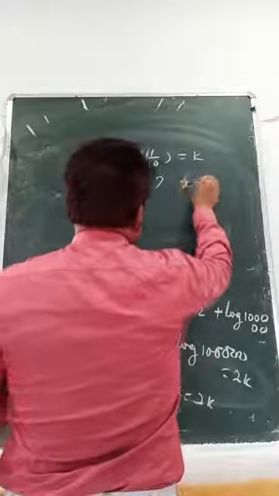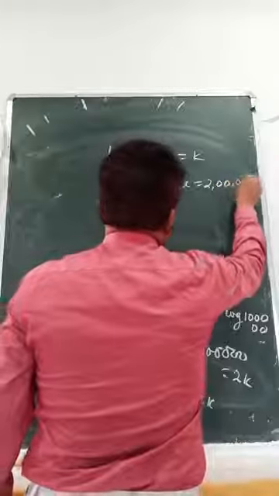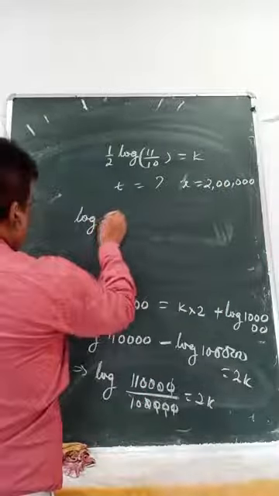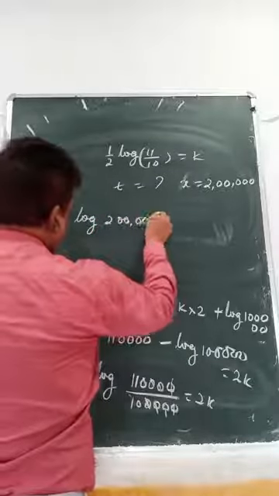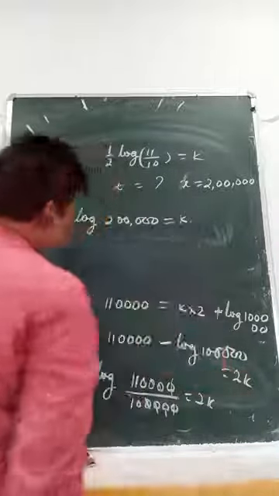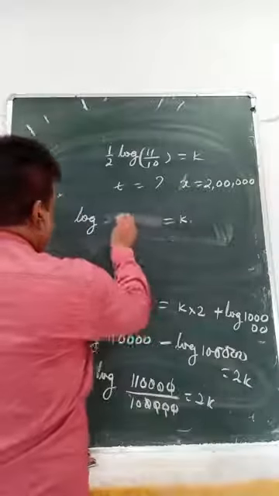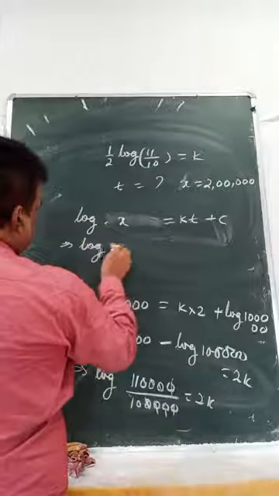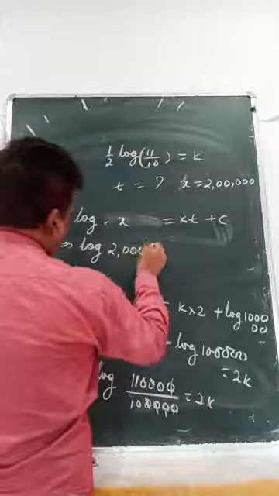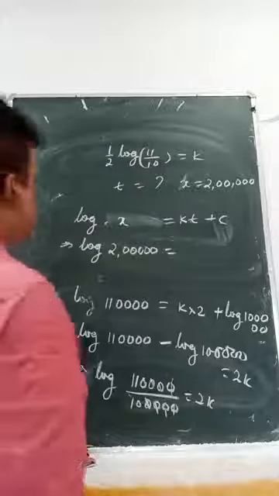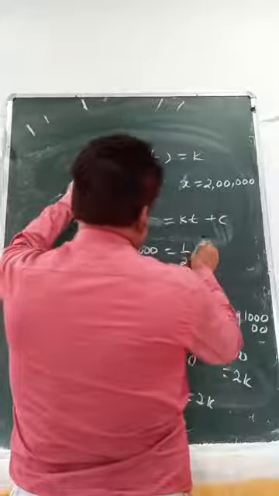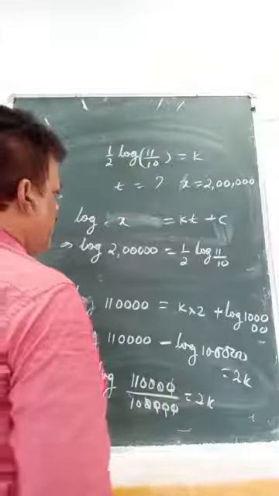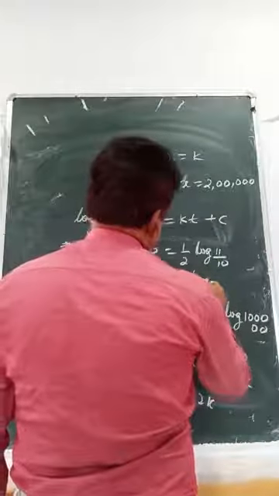So x value is 2 lakhs. Put it in the same original equation. What is the original equation? Log x is equal to kt plus c. This implies log 2 lakhs equals k t, where k is half log 11 by 10, plus log 1 lakh.